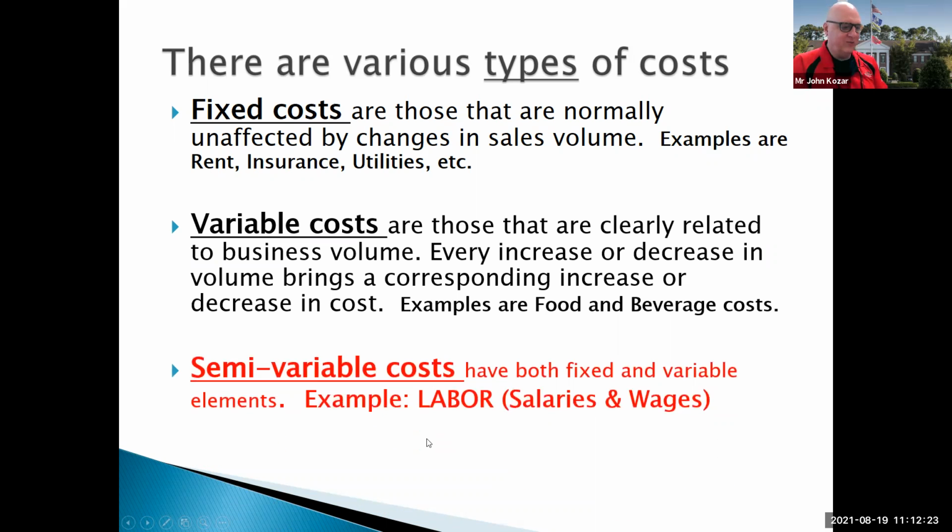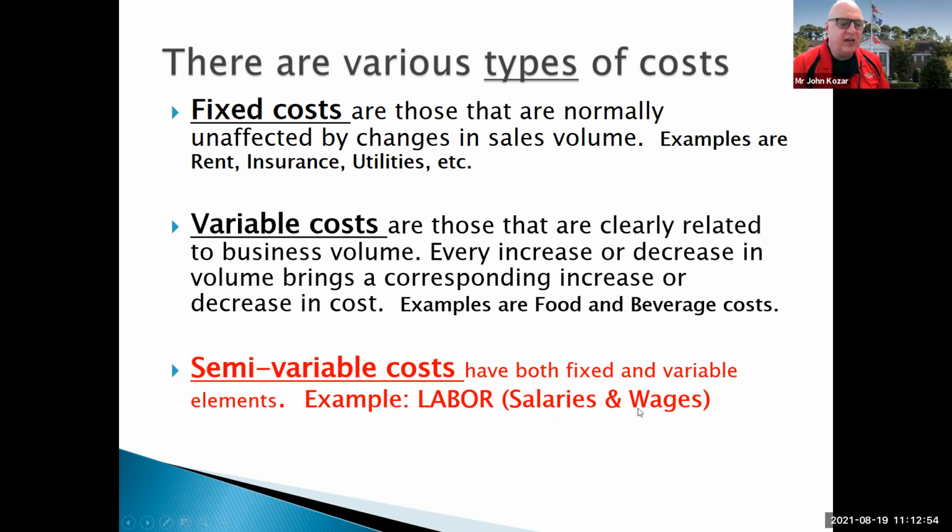And then we have something called semi-variable, and that's talking about labor cost. When we talk about our employees, typically there are 2 different categories of employees. We have people who earn a salary, which every pay period they earn the exact same amount of money, whether they work 60 hours a week or 40 hours a week or 80 hours a week, they're going to collect the same amount of money.